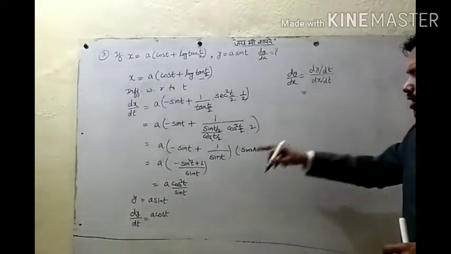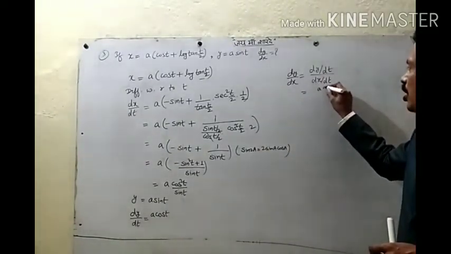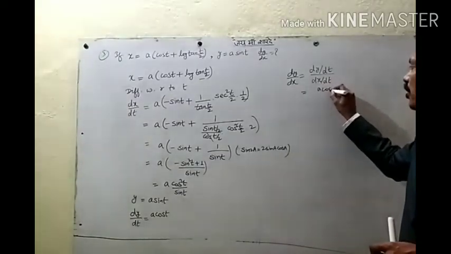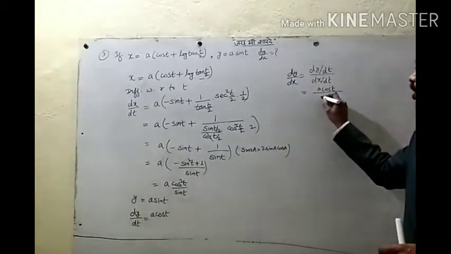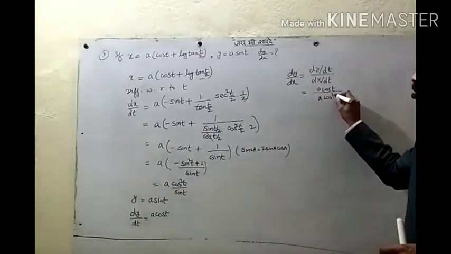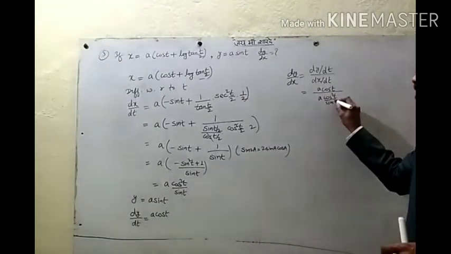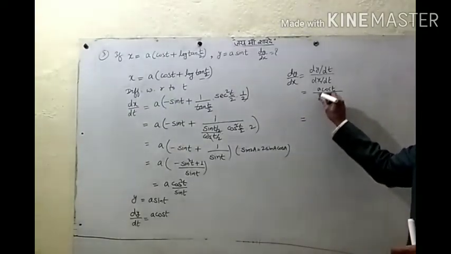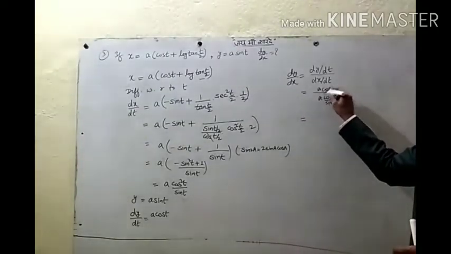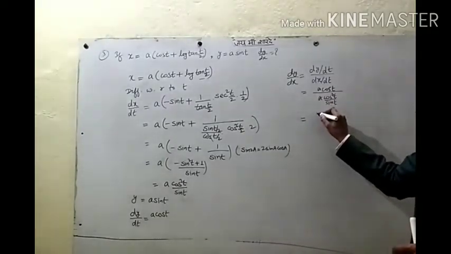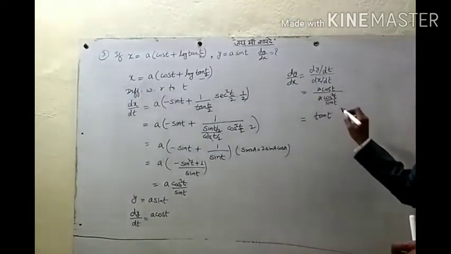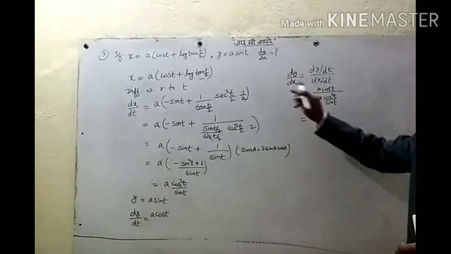So dy by dt is a cos t divided by dx by dt, which is a cos square t upon sin t. So here a cancels out, one cos will cancel out, so you get 1 by cos t by sin t, means cot t, and that becomes tan t. So dy by dx is tan t.